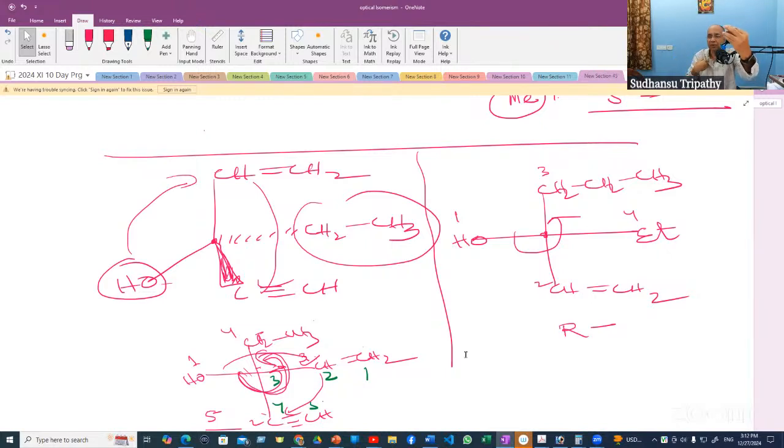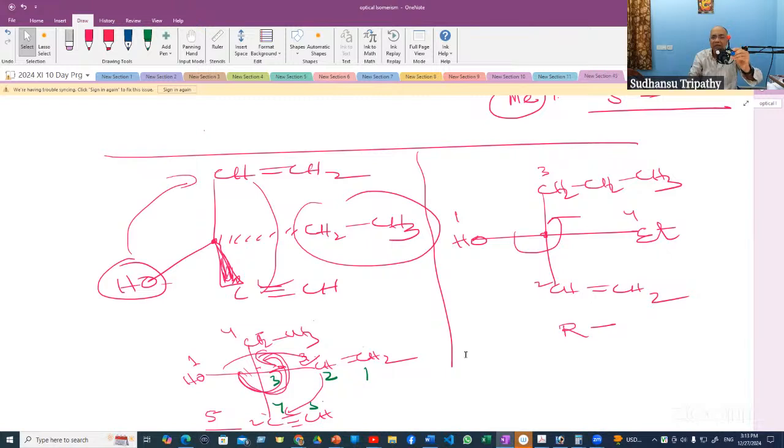I am the observer, not you. So what she did, she brought OH up. Automatically this will come here. But the same green was above on the right side, and now the same green will be above on the left side. Doesn't matter, it is above the plane. And the same, ethyl will be below the plane.